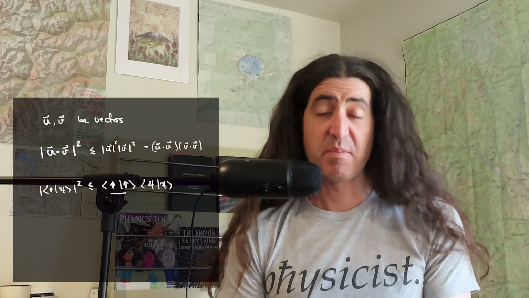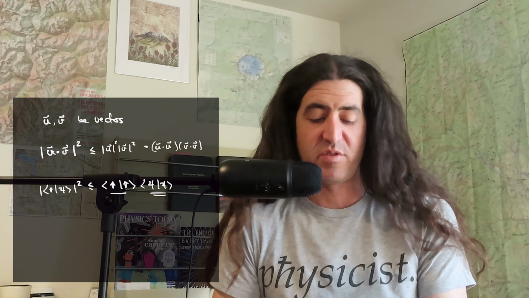Up with up is the modulus square of the up vector, and psi with psi is the modulus square of the psi vector. Now, what I swept under the rug was the fact that up with up is actually equal to 1, as we computed last time, but I'm just going to let it hang around here for a while.